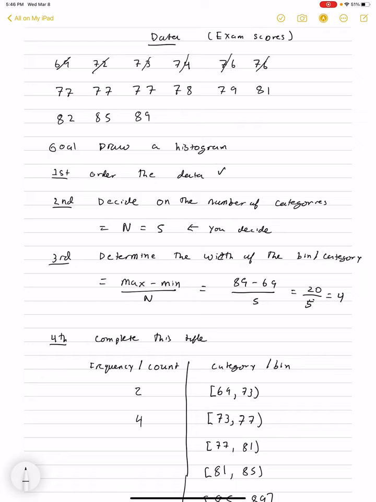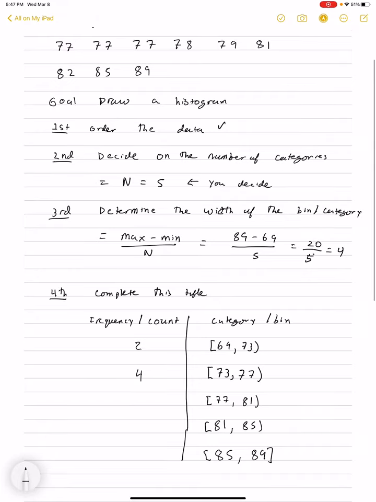There's 4 of them there. Now I count 77, but not 81. So here I'm going to have 1, 2, 3, 4, 5. That's 5 of them there. Then I go from 81 to 85. I do not count 85. There's 1, 2. So there's going to be 2 right there. Then I go from 85 to 89, and there's 2.